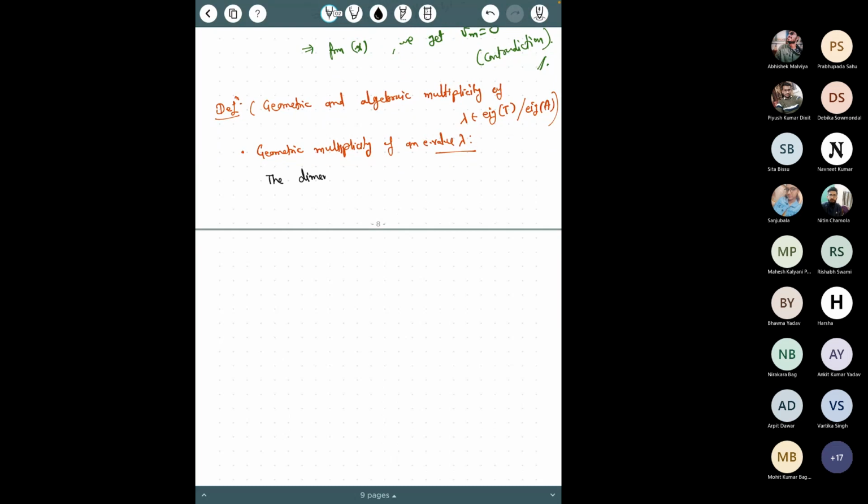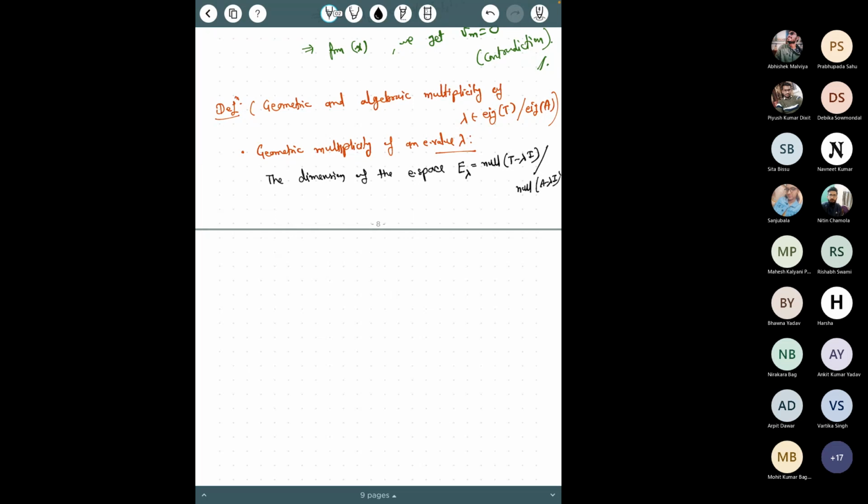If you're talking about operators, it is the null space of T minus lambda. If you are talking about matrices, it is the null space of A minus lambda I. The dimension of the eigenspace is called the geometric multiplicity, GM of lambda.